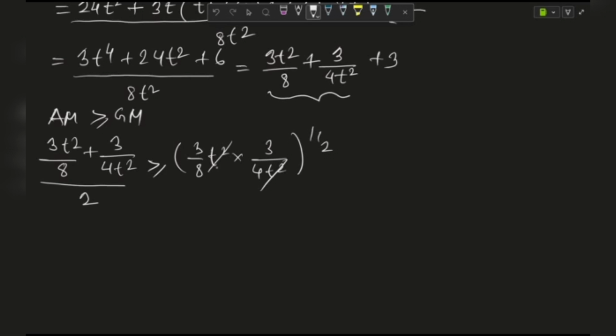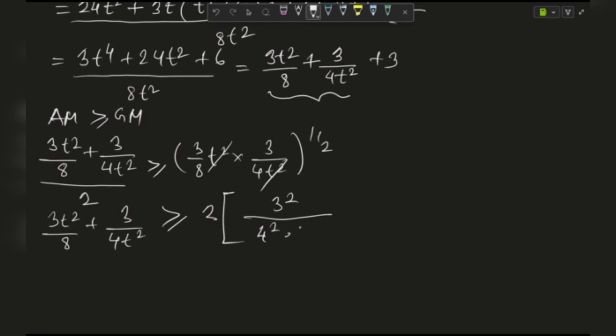So our t square and t square will get cancelled. So 3t square by 8 plus 3 by 4t square is greater than or equal to 2 into the square root of 3 square by 8 into 4.